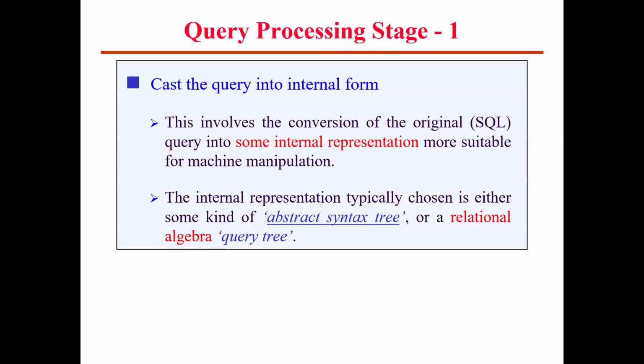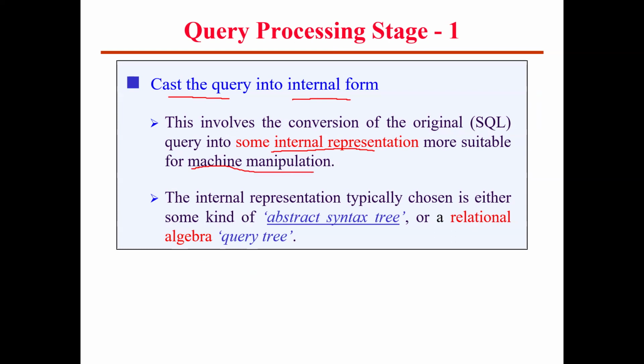Now let us see query processing stage number 1. We translate the query, we cast the query into different internal forms, which means we create different representations of the SQL query, into some internal representations for suitable machine manipulation.